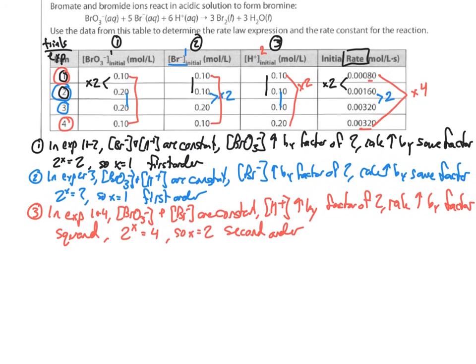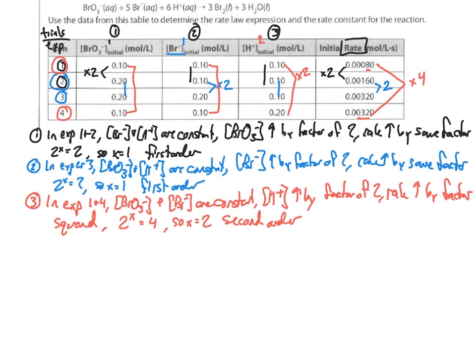So let me move this up a little. So I've got all this. Okay. So often the first question you get asked is write the rate law. So my rate law here would be rate equals k, brackets the bromate to the first, the bromide to the first, the H plus to the second.